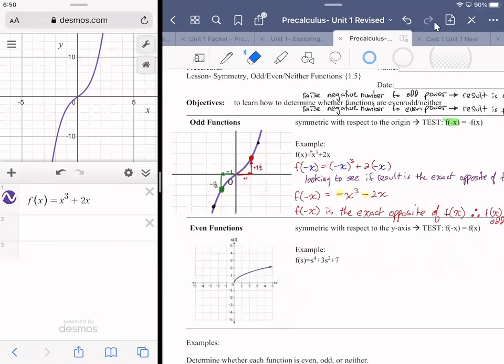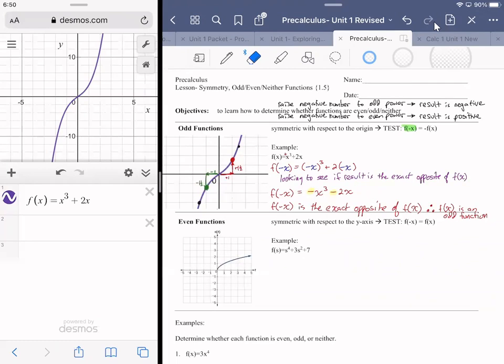For the even functions, the process is exactly the same algebraically. So that's kind of nice. What you're looking for is different, right? So you're looking to see if the result is exactly the same as the original function.